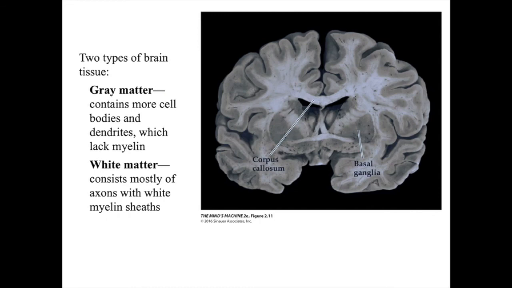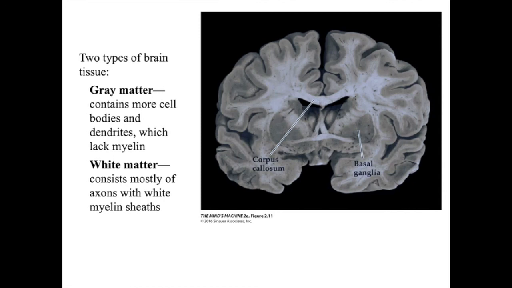This is an image just to help you understand the separation between the cortex, which is gray matter, and the white matter. The gray matter includes the cell bodies and the dendrites, and the white matter includes the axons. Note that the brain also has gray matter inside.